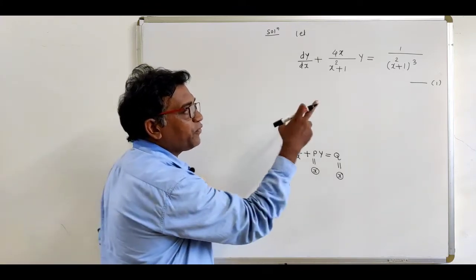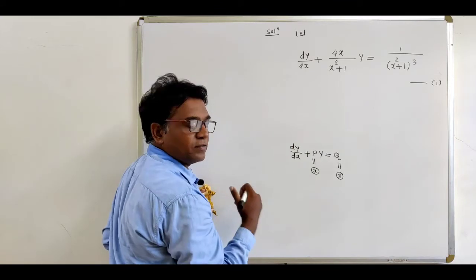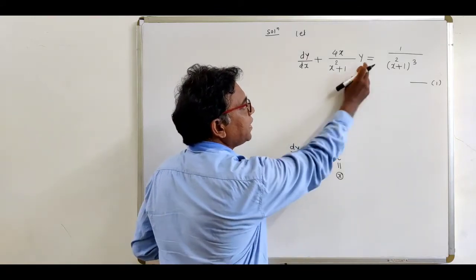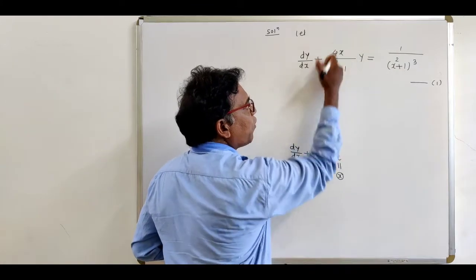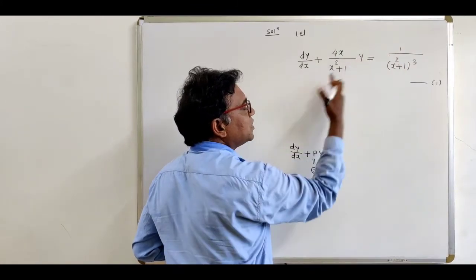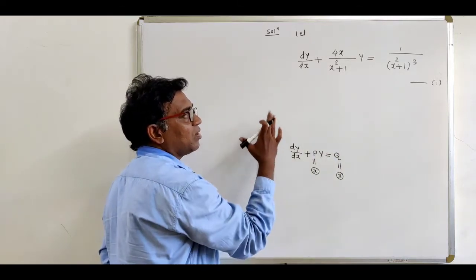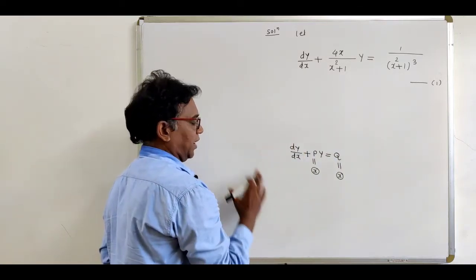Now this given differential equation is in the same pattern, dy by dx plus p into y equal to q, where p and q are functions of x. So obviously this is a linear differential equation.